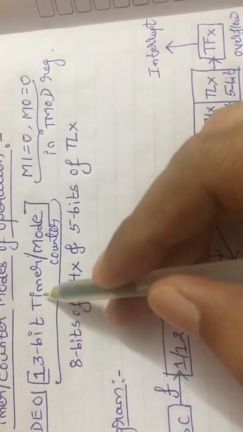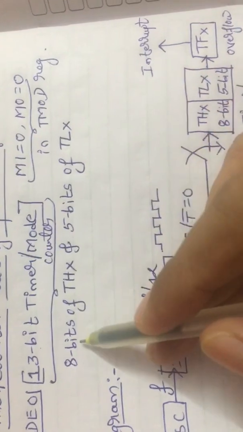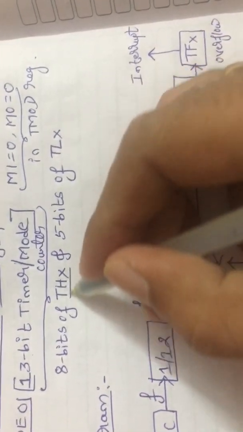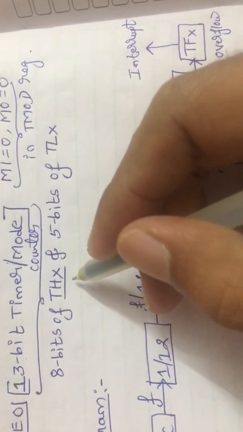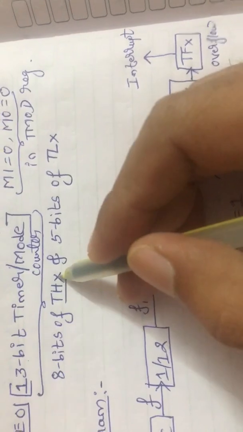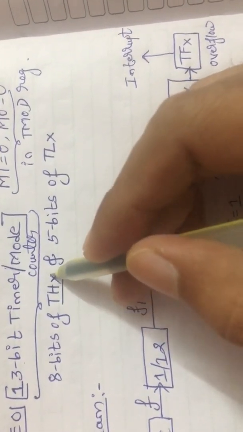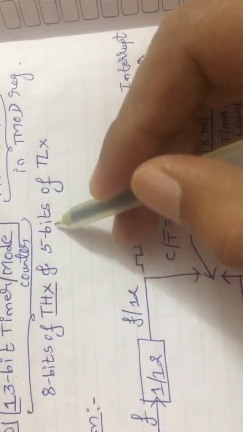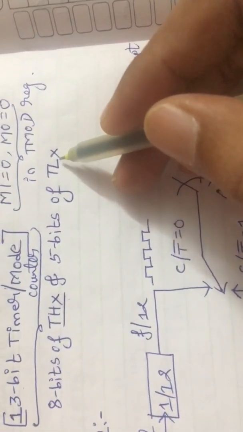8 bits of THX are used. THX is 8 bits wide, as I said in the first lecture. THX, where X can take either 0 or 1. So all the bits of THX are used, that is 8 bits, and 5 bits of the TLX register are used.